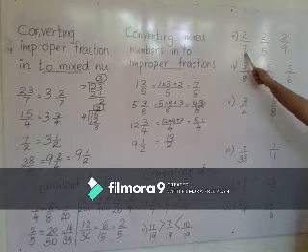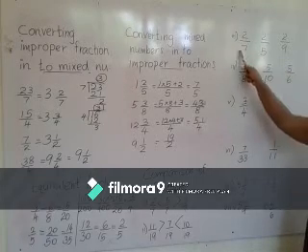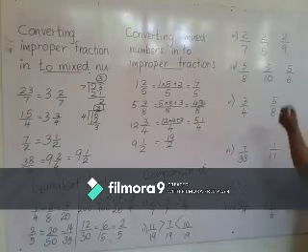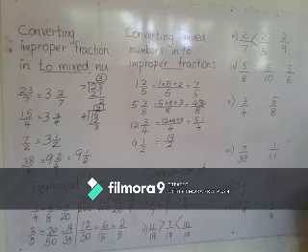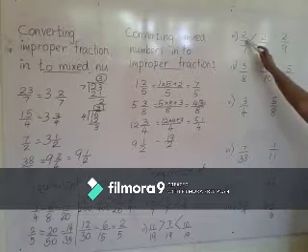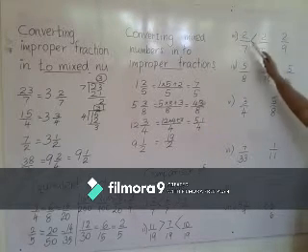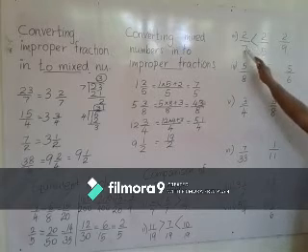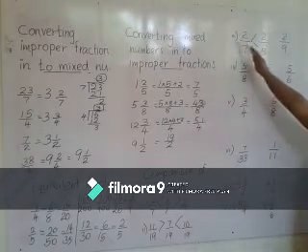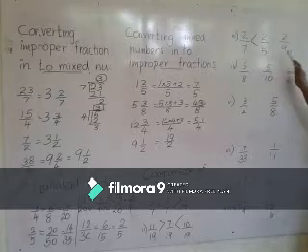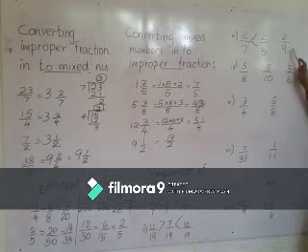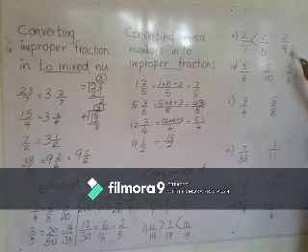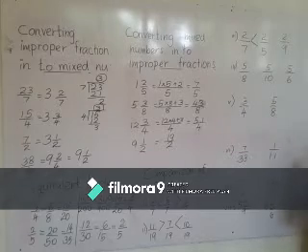When we consider the whole fraction, that will be the smallest. If the numerators are the same, take the highest denominator, that fraction will be the smaller part. And 5 and 9, when we consider, 9 is larger, that means that fraction will be smaller.